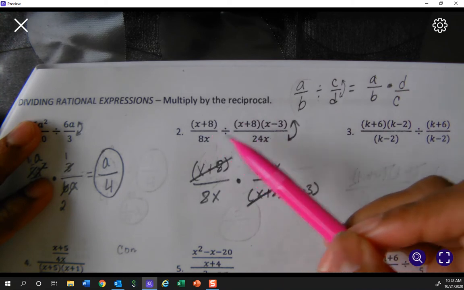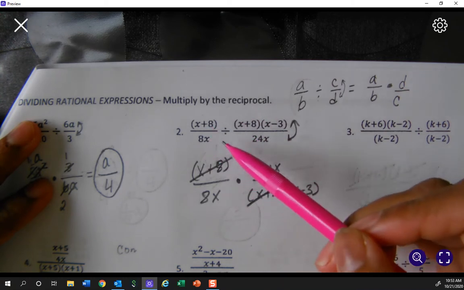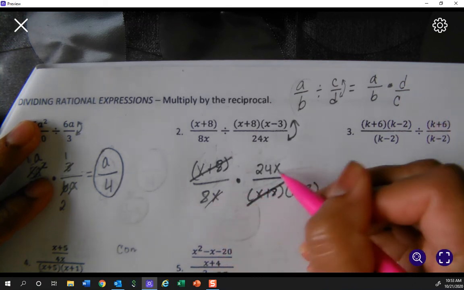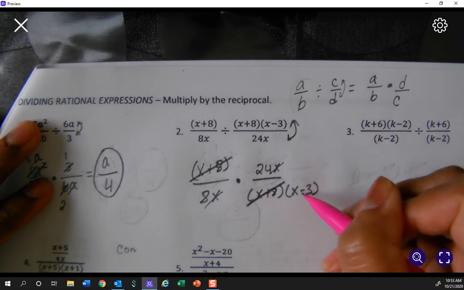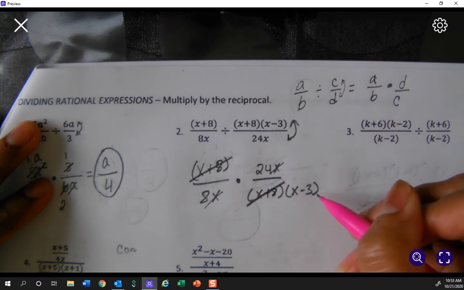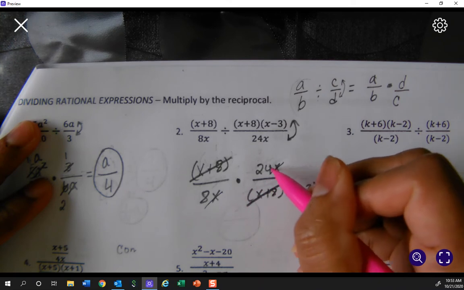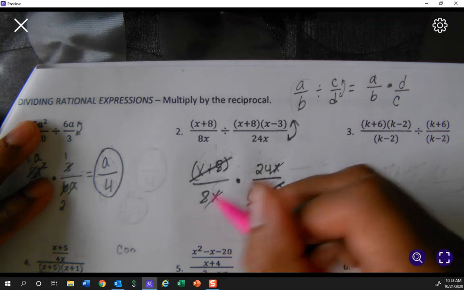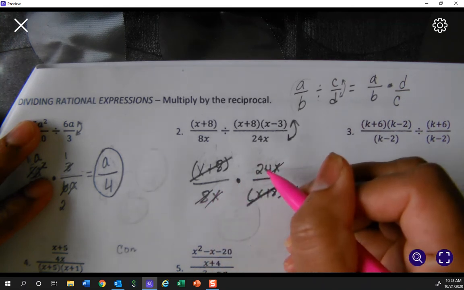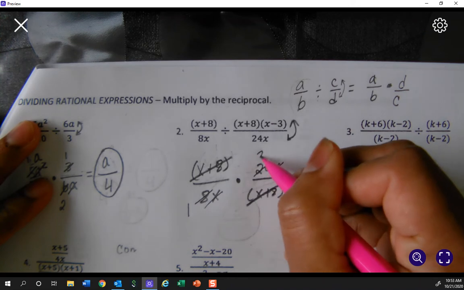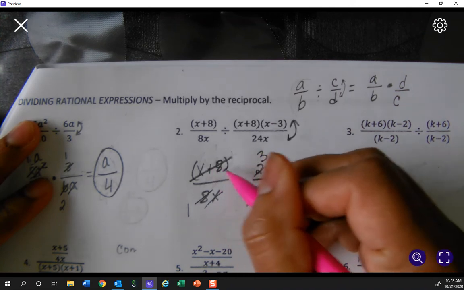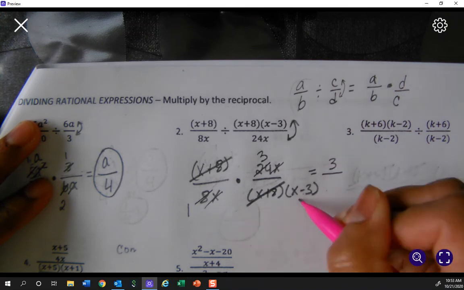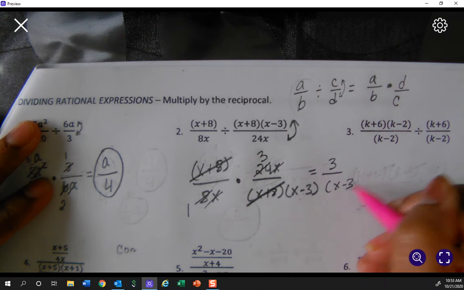At first I couldn't cancel them out, but now, because of the division, it actually goes in the denominator. I can go ahead and cancel out the x. I cannot cancel out these two x's because this x has a minus 3 attached to it, but these ones are all just being multiplied, even though there's a subtraction sign here. 8 goes into 8 once, and 8 goes into 24 3 times. So if I multiply this out, in the numerator I just have 3, and in the denominator I just have x minus 3.